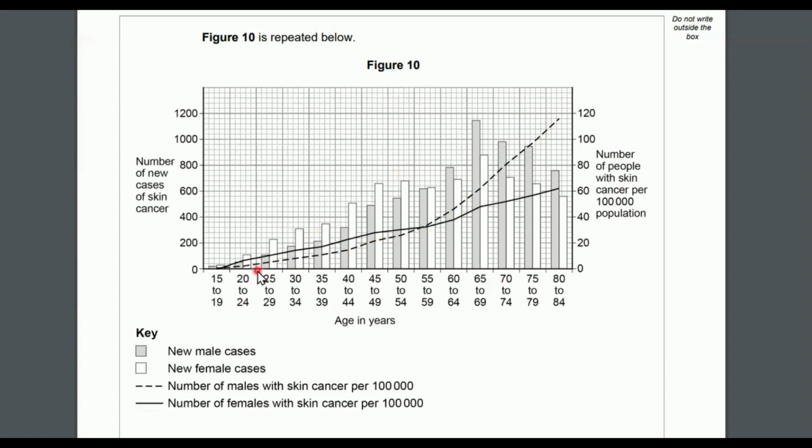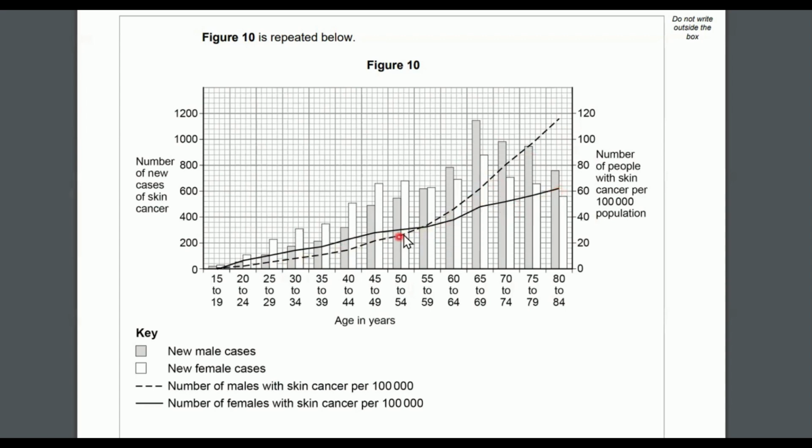Let's have a look at some other trends. Number of males with skin cancer increases with age. That is going up with age. Number of females with skin cancer increases with age. The number of males with skin cancer increases more rapidly after age 55 to 59, whereas the number of females with skin cancer is more of a steady increase.